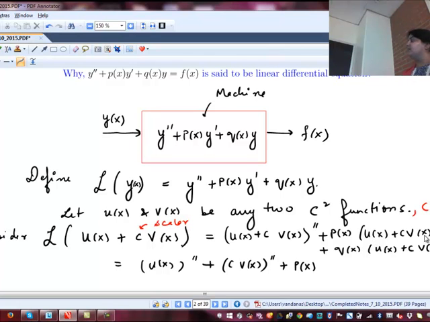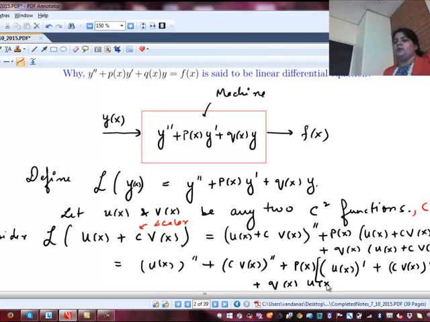Same idea. You are now taking the first derivative, so you will multiply u'(x) and then you will multiply v'(x). That's it. And then this is already simplified here. The last term, q(x), you multiply with u(x), and c is just a scalar, q(x) multiplied with v(x).